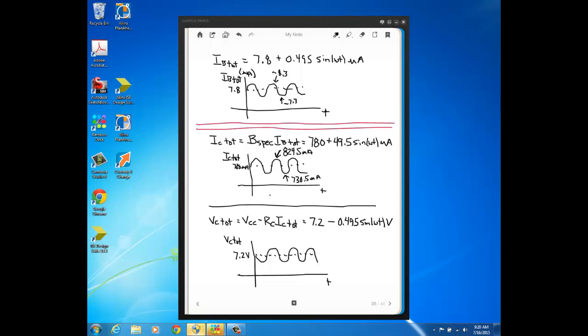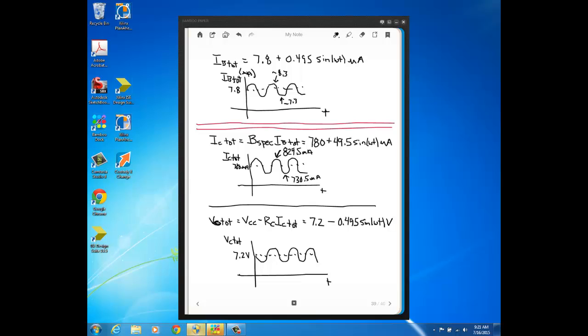Alright, continuing on, the V out total, not VC, this is V out. The V out total would just be the same expression as we had for the Q value, but now with IC total instead of just the DC value for IC. Oops, this looks like a mistake here, isn't it? This V0 here is VCC minus what we have.